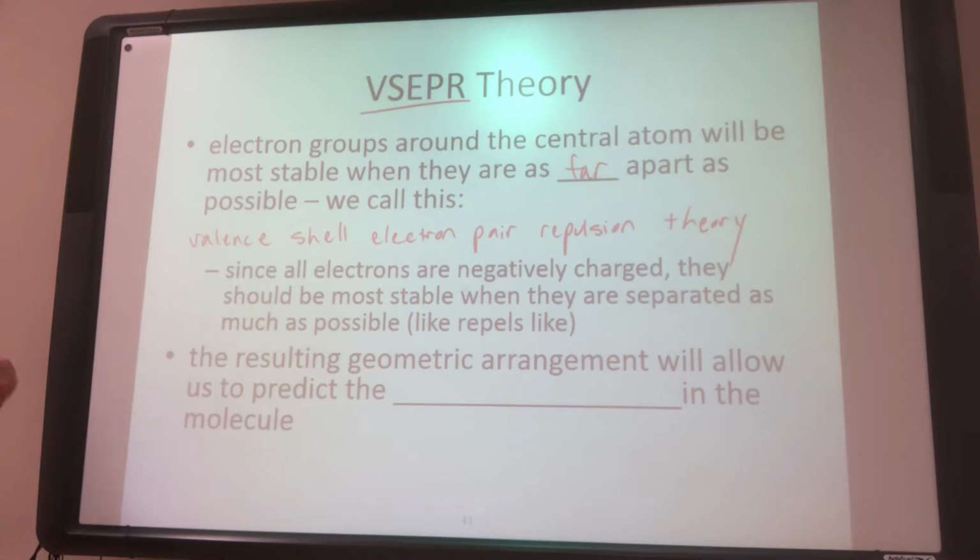So we're taking that idea, and that's how we're going to be able to predict these geometries. Since all electrons are negatively charged, they're going to be most stable when they're separated as much as possible, because remember, a negative repels a negative. So the resulting geometric arrangements will allow us to predict our shapes and our bond angles for our molecules.